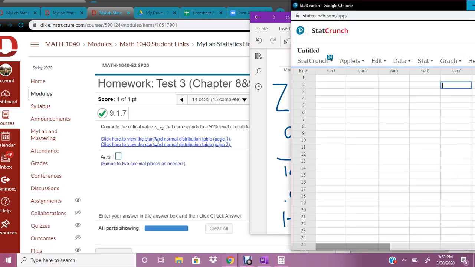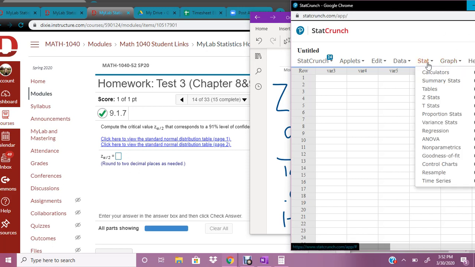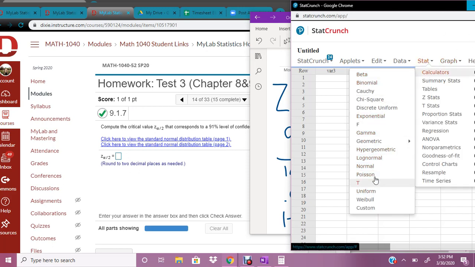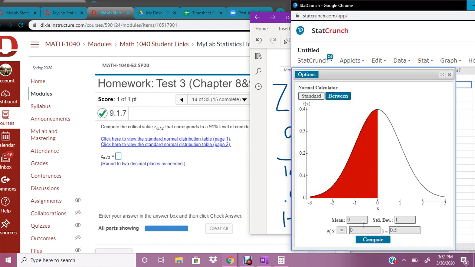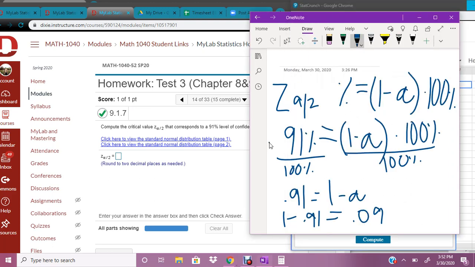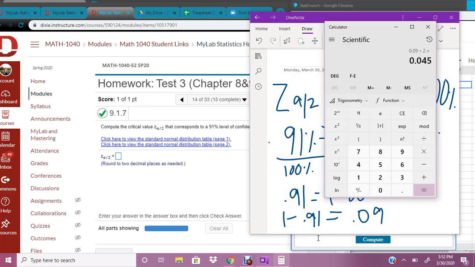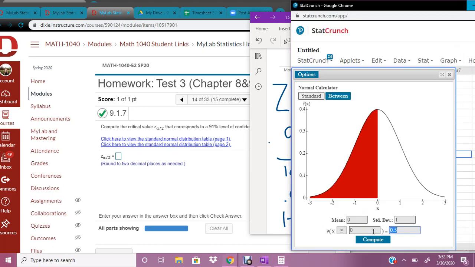So this is z. So on that cheat sheet we look at, and it's going to be a normal calculator. These are going to stay the same, and we're going to put in this number right here into right there.